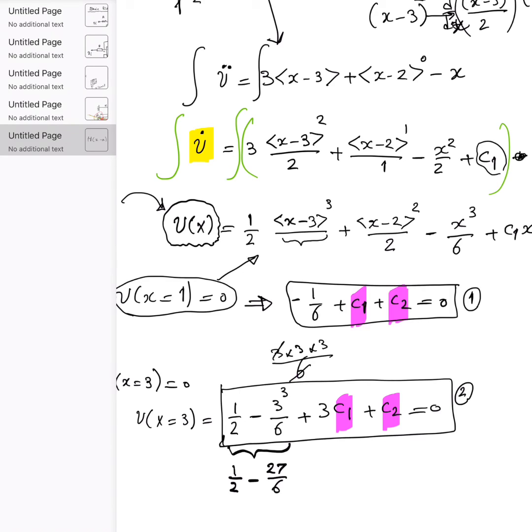This goes with this, so you have 3 times 3 divided by 2. So the entire thing is half minus 9 over 2, which is equal to negative 8 over 2, which is equal to negative 4. Okay?